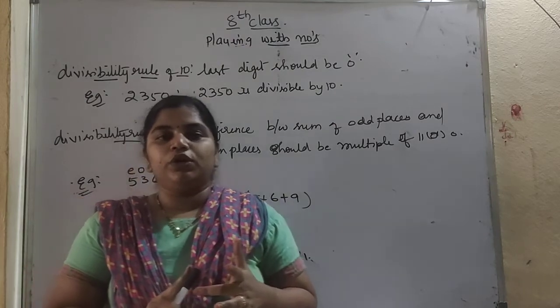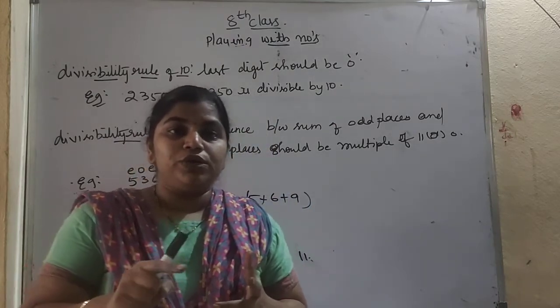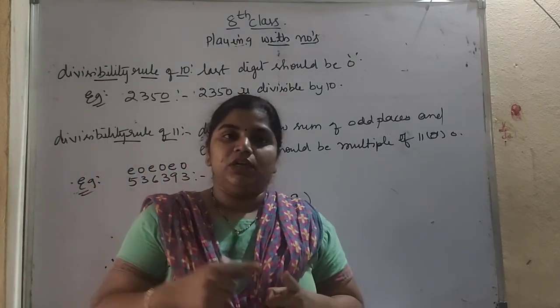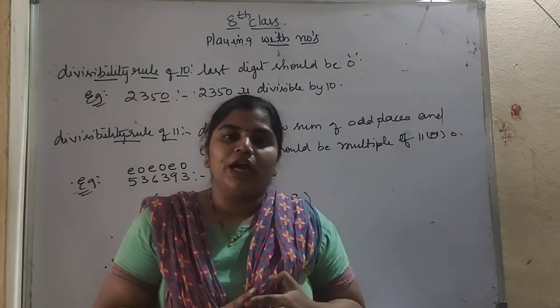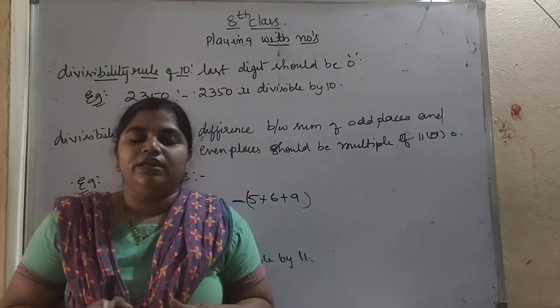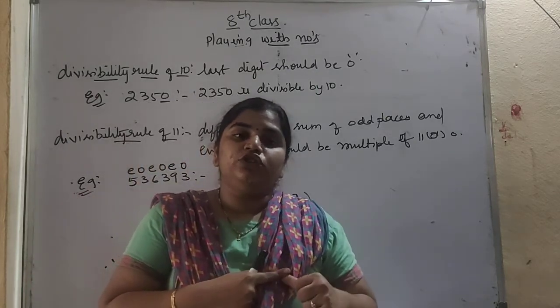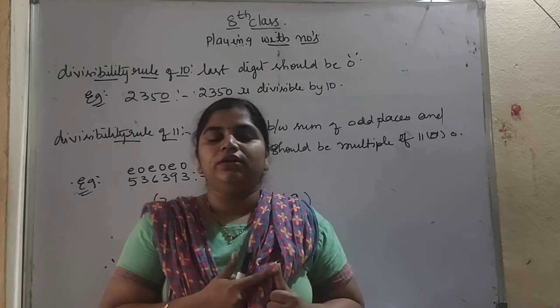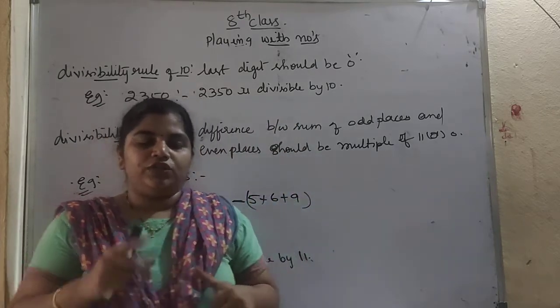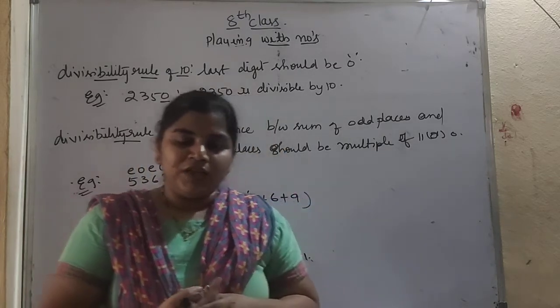And what is divisibility rule of 4? The last two digits should be divisible by 4 and it can be zeros also. Divisibility rule of 5 is last digit should be 0 or 5. Next, divisibility rule of 6 is it should be divisible by both 2 and 3. So it should be divisible by 2 as well as by 3. Then only it will be divisible by 6.